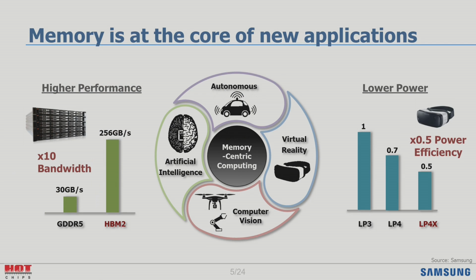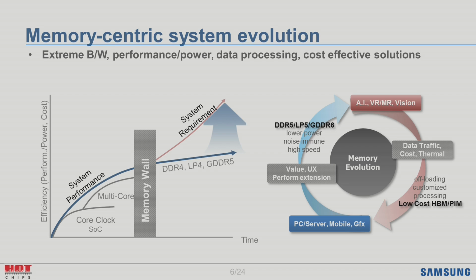In the cloud system, in order to cover huge data analysis and training, we need 10 times the memory bandwidth. However, in the client system, which is virtual reality and mixed reality, due to the limited power budget, we need extreme power efficiency for virtual reality gaming and vision recognition and graphic performance. In such a situation, a better solution is the LP4X and LP5.